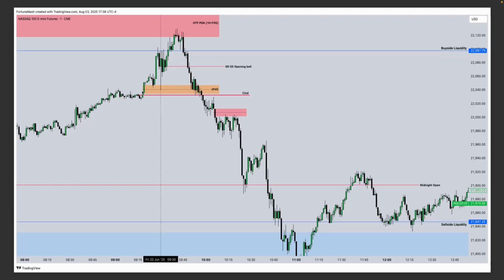Pay attention to this BC. This BC acted as support one time, then pushed price higher. And now when you trade below it, I'm expecting it to act as what? A resistance level, being an IFVG. I would have placed my trade here, but there isn't an IFVG, which I like to use for my entry model.